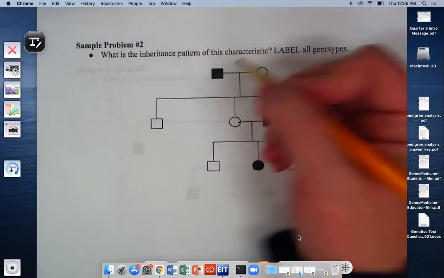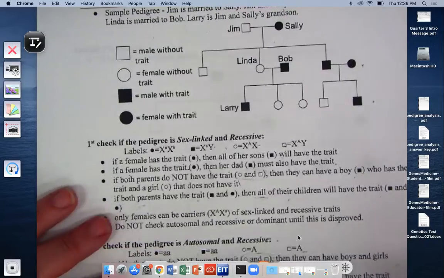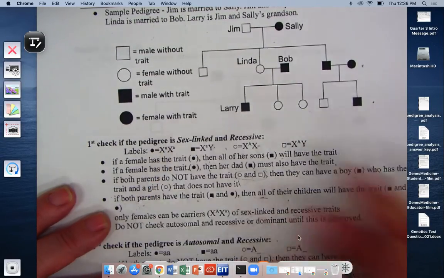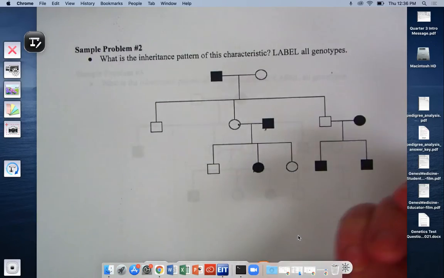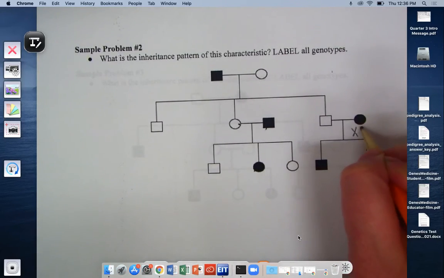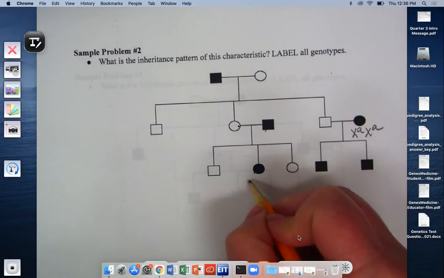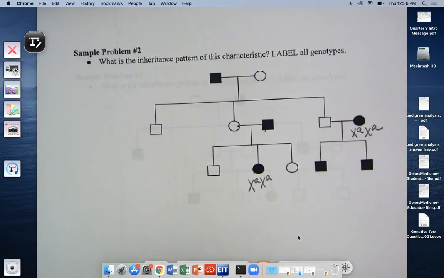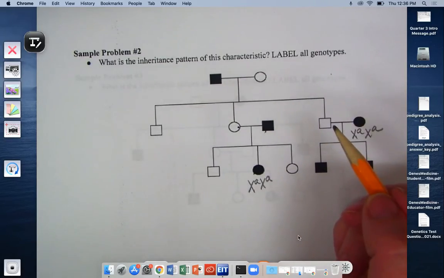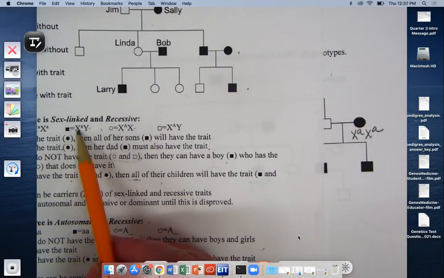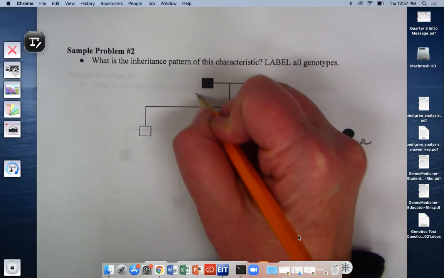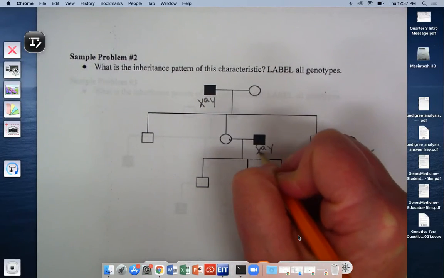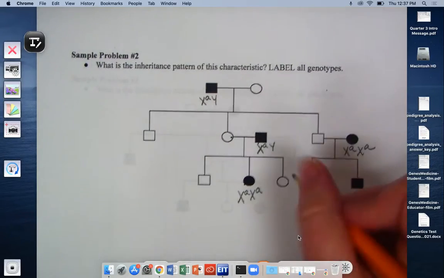But if we start filling this out, again, looking at our labeling, a girl who has it is X little a, X little a. So we'll go ahead, we can fill out that. So there's the girls. Again, I usually just try to focus one at a time. It helps me keep it apart. Okay. If a boy has it, X little a, Y. So this is really when it counts for the boys and the girls, right?